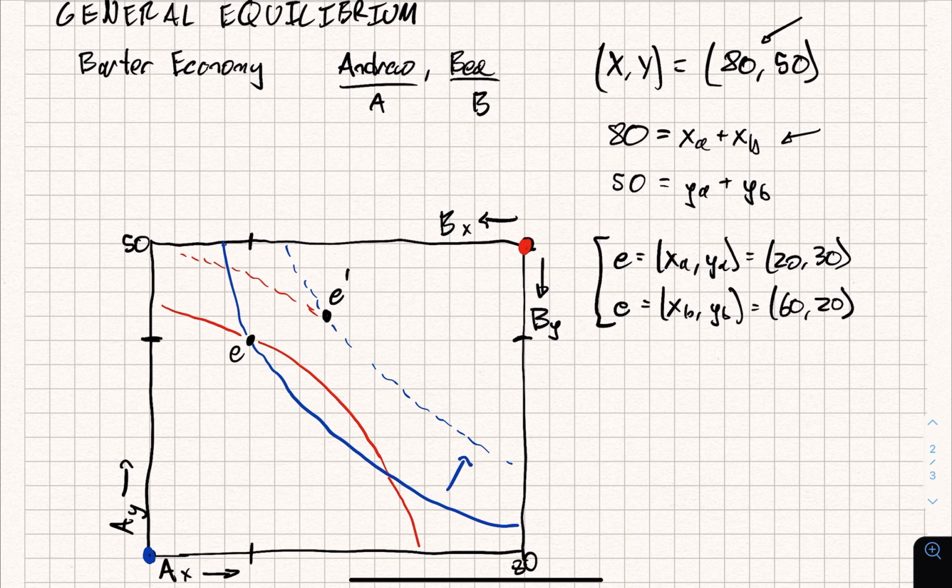Let me just draw this a little better. And no, this is not further from the origin. So this point E prime is not improving Bea, but it is improving Andrew. Okay, so let's erase this. Let's see if we can find another point.